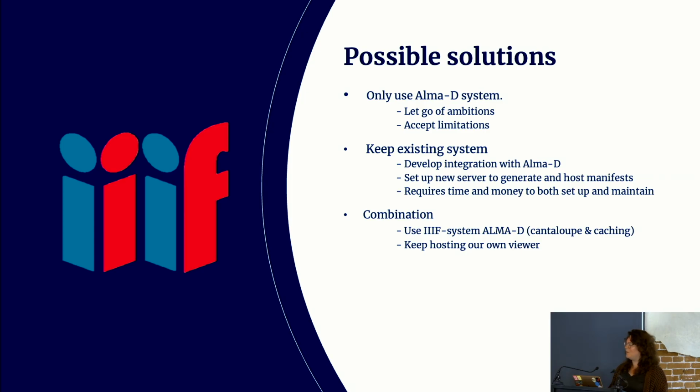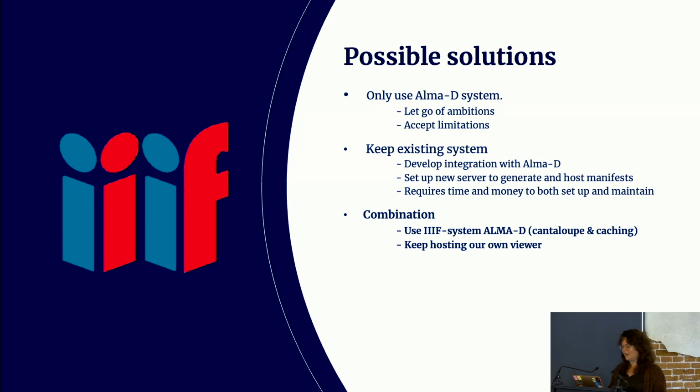So what we can do is we use the IIIF system Alma D provides. So we let go of our own Cantaloupe and caching, but we keep hosting our own Mirador 4 viewer and develop in that. And of course, that is the solution we went with.